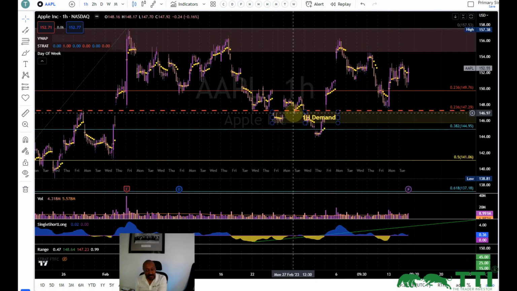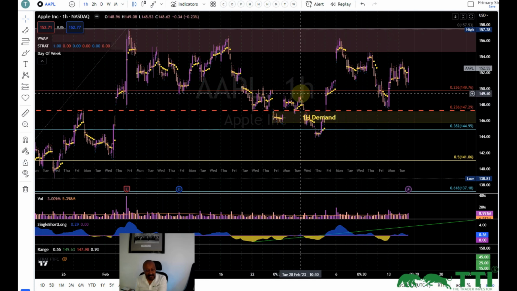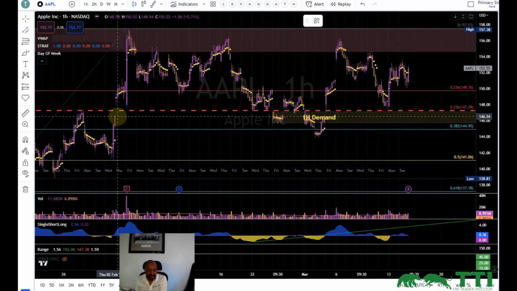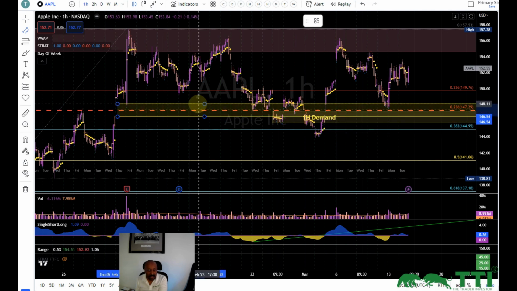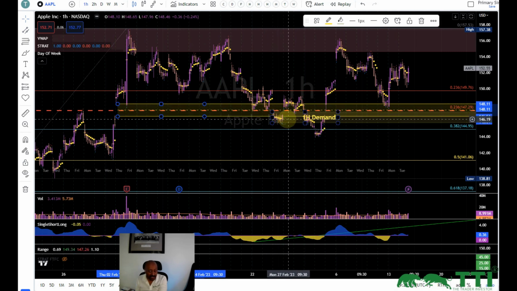For me, it was about bias. We keep making lower highs, and I was not yet comfortable to take a trade. In the best case, I would have liked you to take the trade sooner. So in the best case, we have this gap. When we come to this gap, take the trade a little bit sooner.